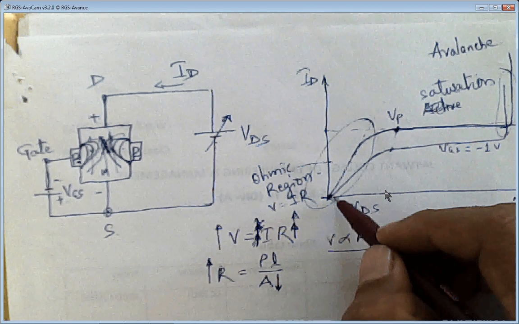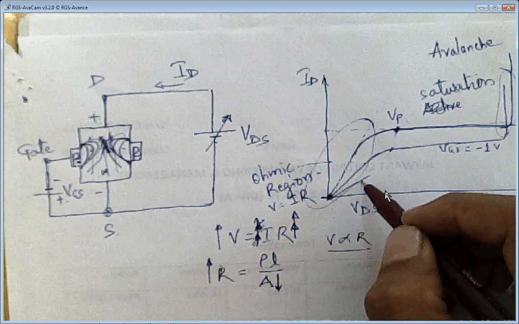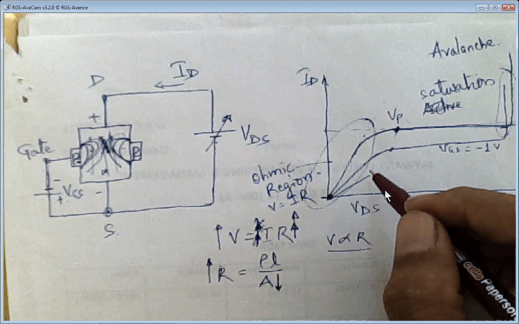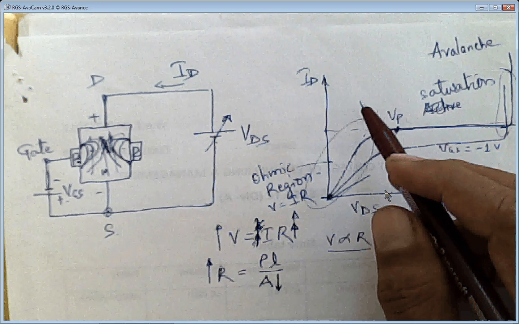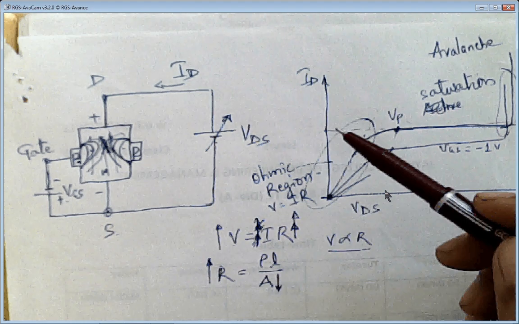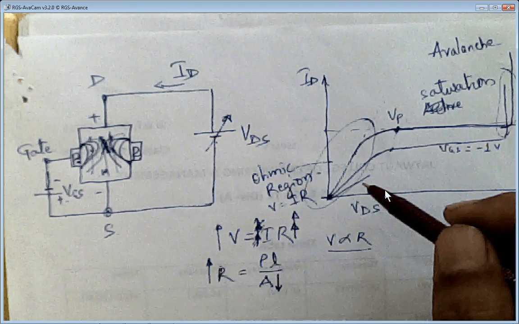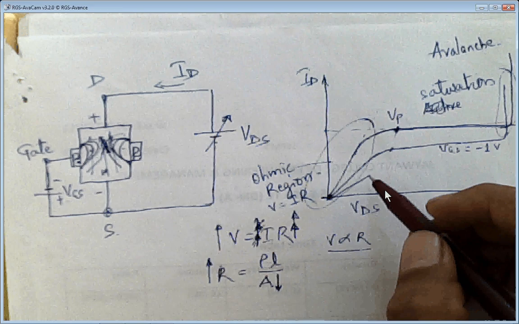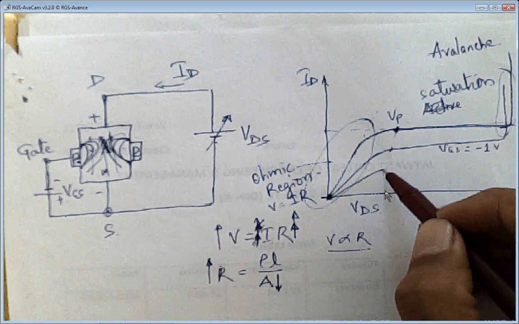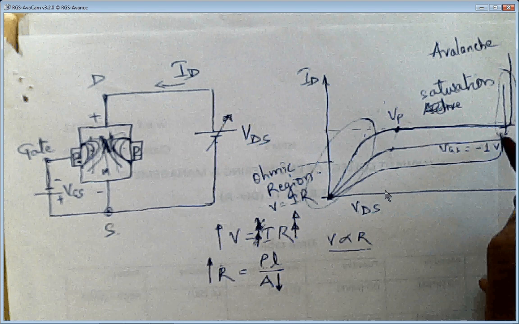So your graph will not be straight but almost flat, because as I increase the depletion layer, the cross-section area decreases, which increases the resistance R, and due to this you will find your graph becomes almost flat again, and then avalanche breakdown.